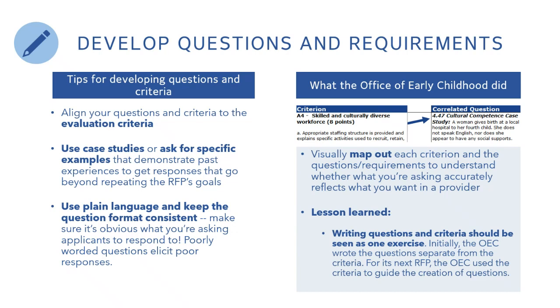On this page is one of the lessons learned, which is don't write the questions and criteria as separate exercises, right? You need to make sure that they're linked together.